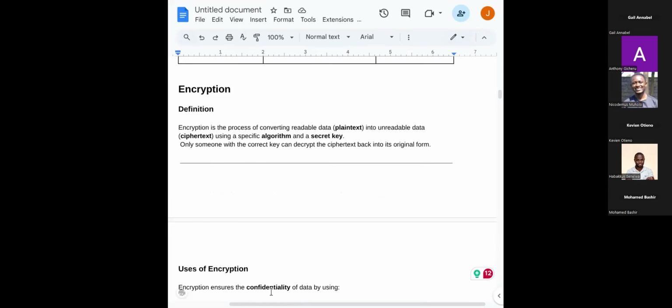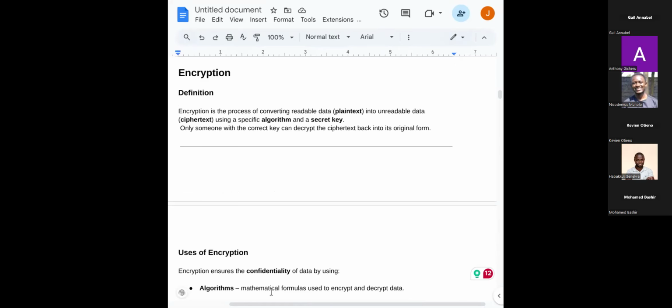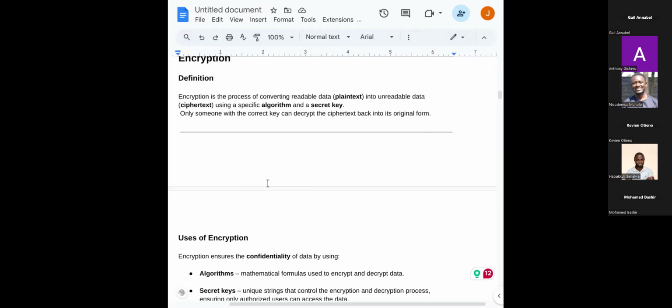All right, so let's go to encryption. Let's see what encryption is and the types of encryption that we have. Number one, encryption is, as we said, converting readable data into unreadable data using a cipher or a secret key.